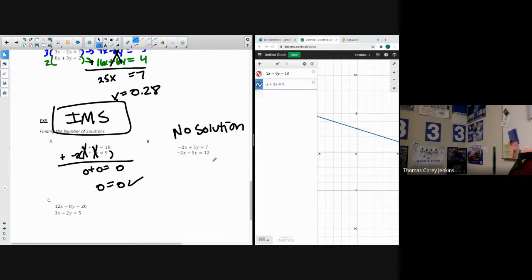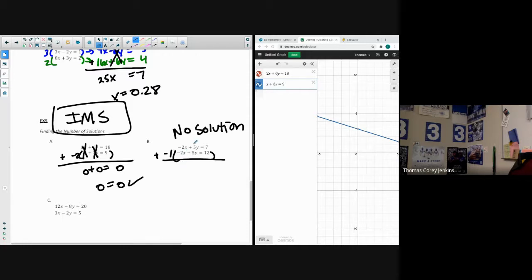You do have to be careful with am I adding or am I subtracting? Okay, so here you can think of I'm adding. I prefer to think of as I'm adding after I distribute a -1. In other words, you need to flip all these signs before you add, right? Because -2x plus -2x is -4x. So I'm flipping the signs here. So I have -2x plus 2x, that's 0.